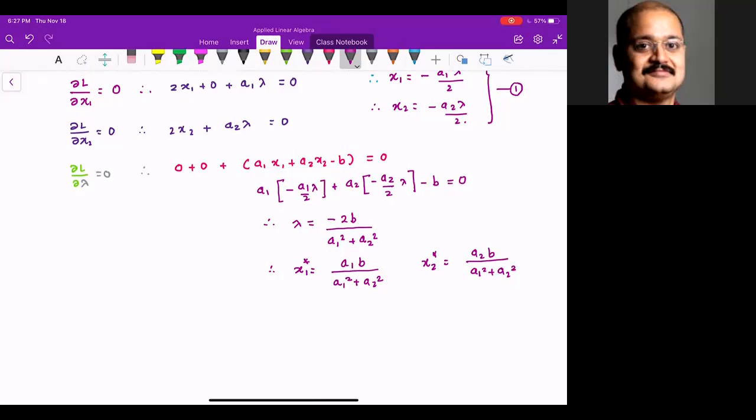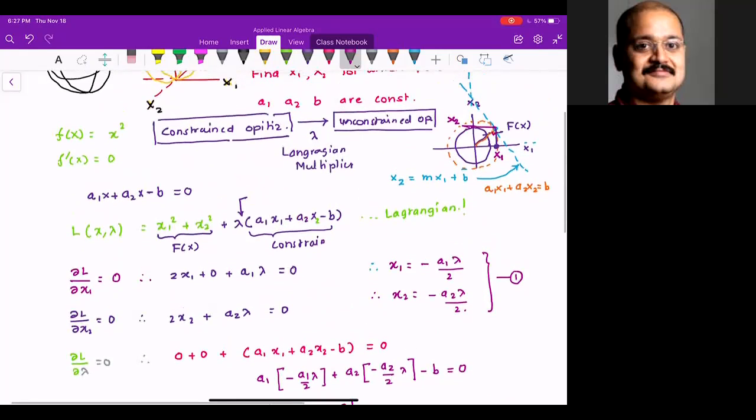And why are these called stars? Because these are the points that are on the intersection of the circle and the line.